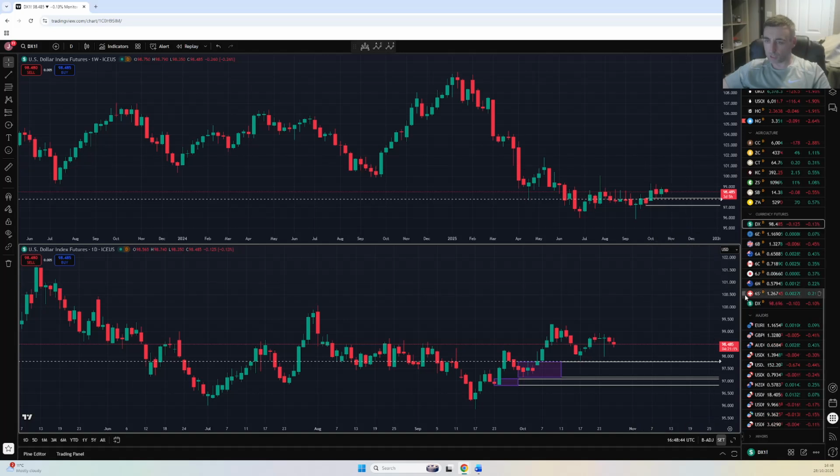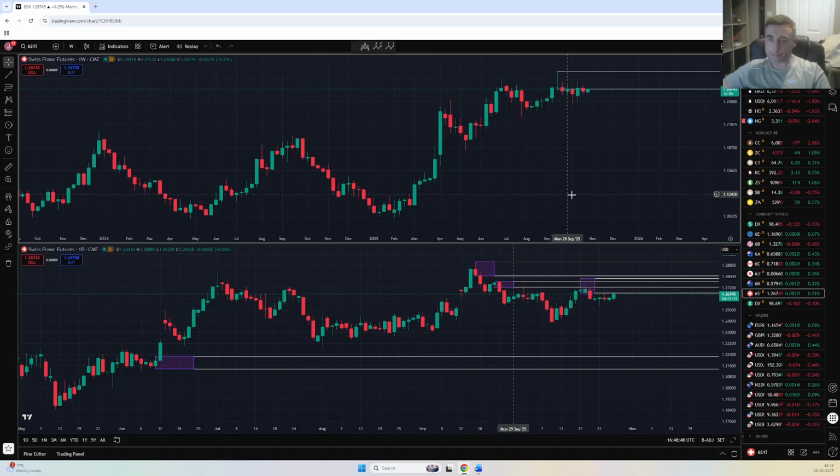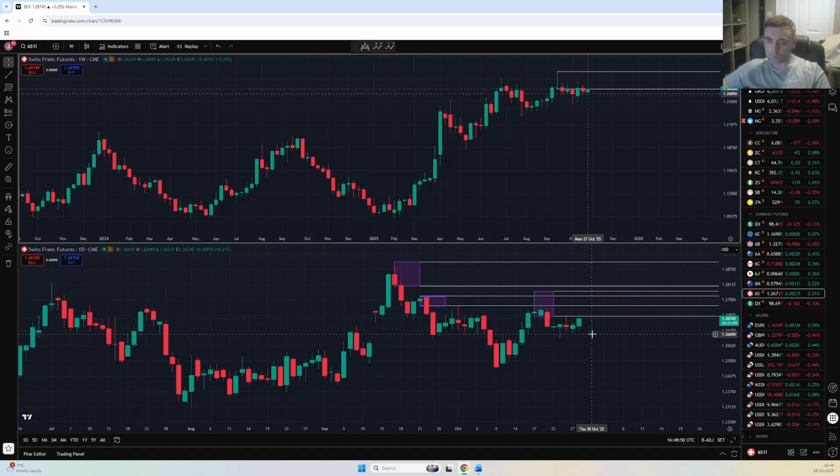So I like to look at the dollar. When it comes to the Swiss franc, sorry, this is where I got in. This very bearish candle here. So that was on the Friday, I believe, and I jumped in on the trade on the Monday because it had reached the zone that I'd marked out on the chart, which is here. And we got a lovely bearish candle there.